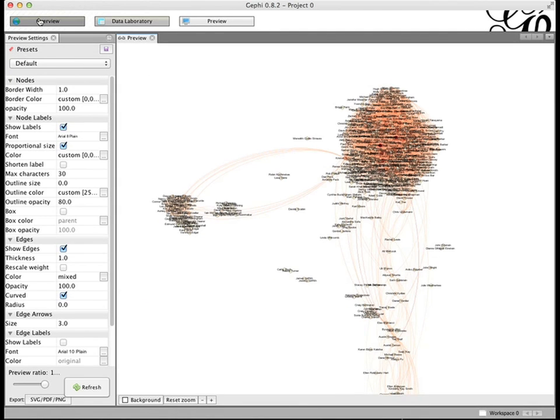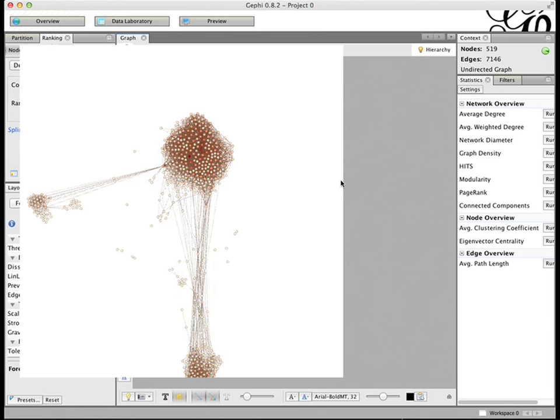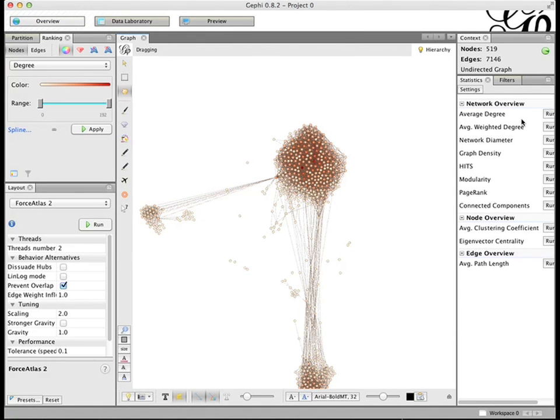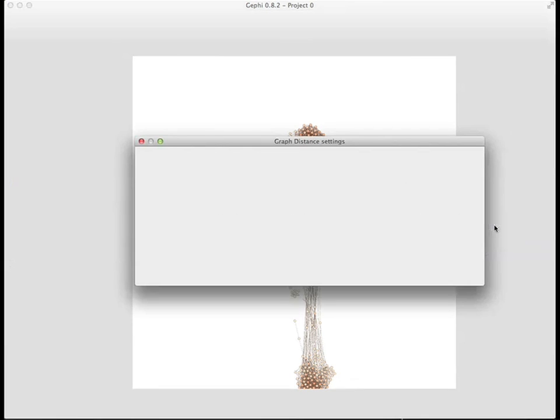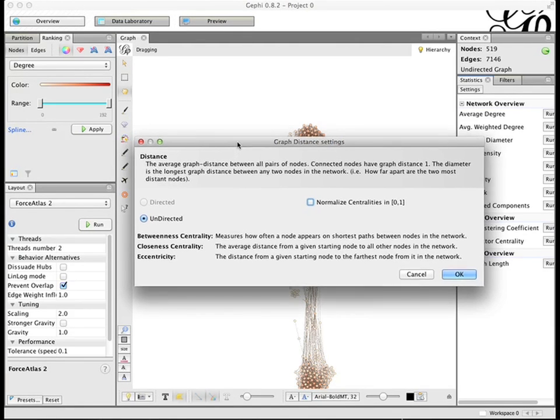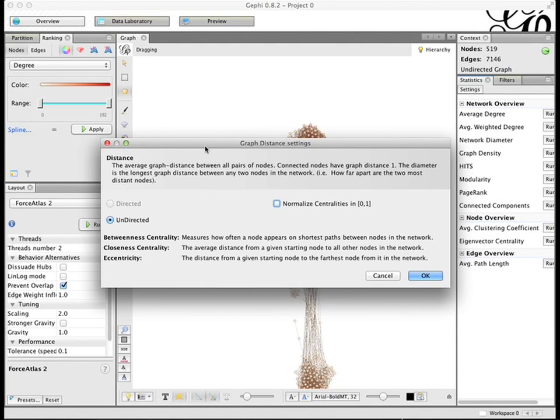Well, what other kinds of centrality do we have, or can we look at? If we go over here to Network Overview, these are algorithms that allow us to run some calculations about the network to get statistics that we didn't already have. So the first thing I want to do here is to make a couple of calculations about graph distance. And we're going to calculate a couple of other kinds of centrality.